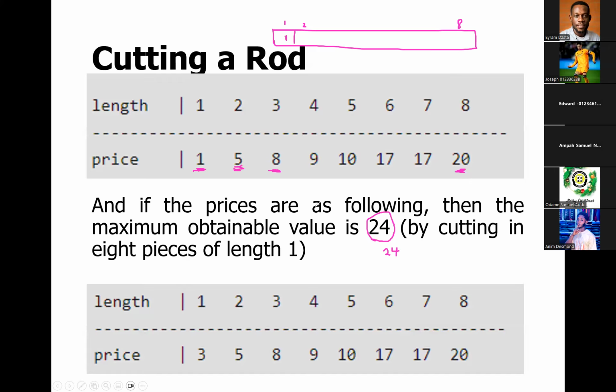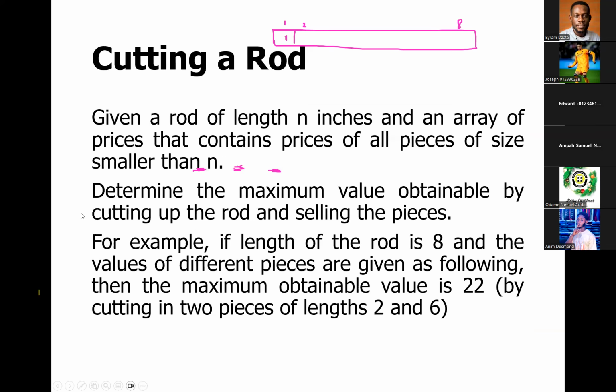So if the prices are as follows, then the maximum obtainable value is 24, by cutting the piece of 8 into pieces of length 1. So you are cutting it to get a maximum value. I think this is related to the previous example. Let's go back.